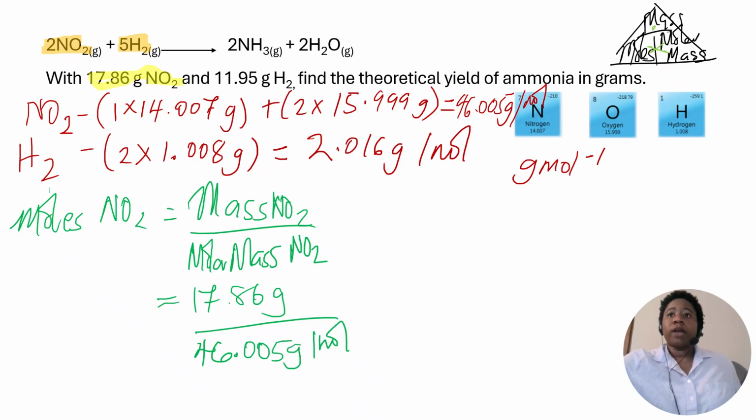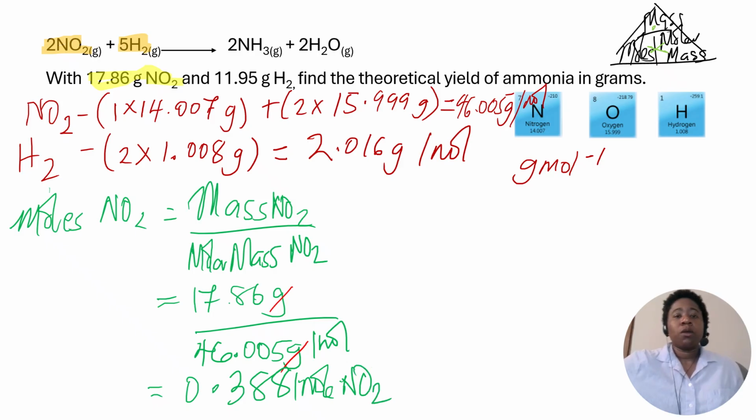So if we're dividing grams by grams per mole, you can see that the grams will cancel out and we're left with moles. Because if we divide 1 by per mole, we're left with moles. So 17.86 divided by 46.005, we have 0.388 mole of NO2.